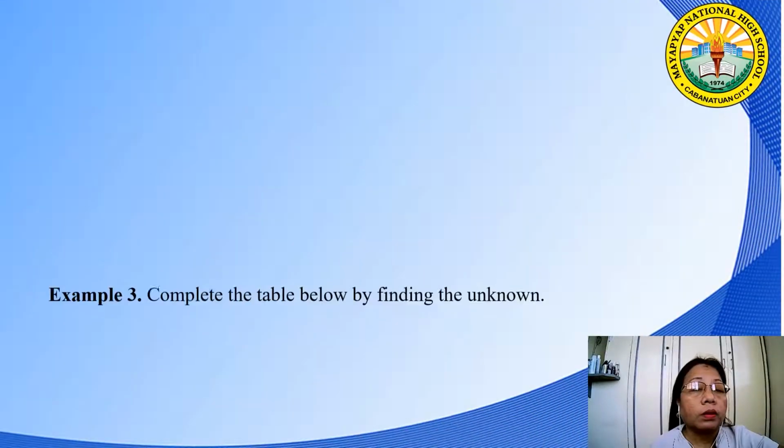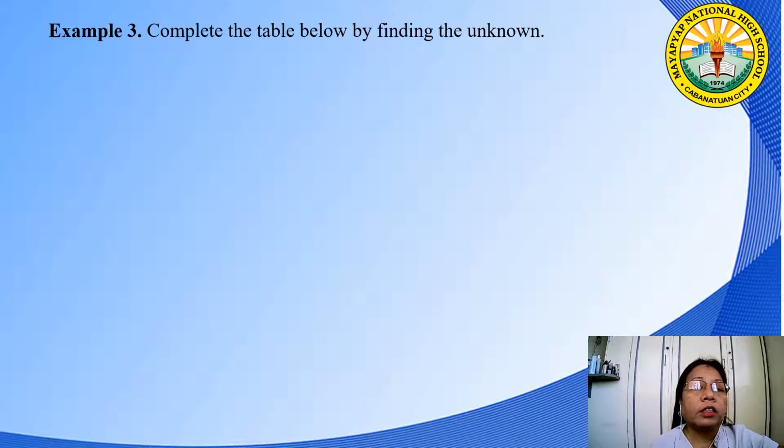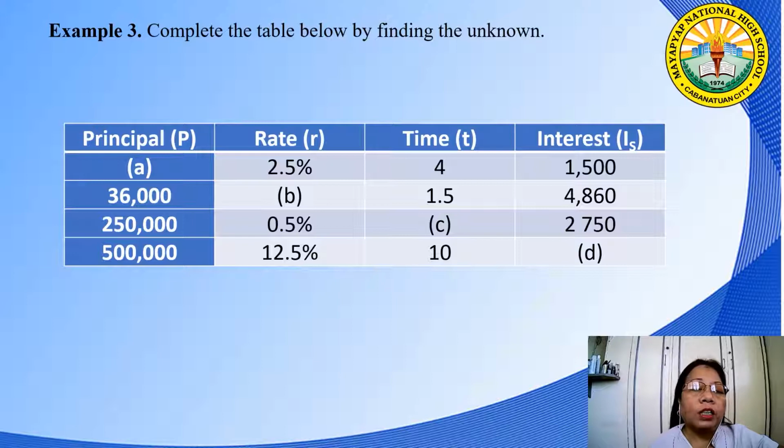Example number 3. You complete the table below by finding the unknown values. So in the table, there are some missing factors that you are required to find. So for letter A, you are asked to find the principal amount. Then letter B, if the principal is 36,000, the time is 1.5, the interest is 4,860, you are asked to find the value of R, or the rate of interest.